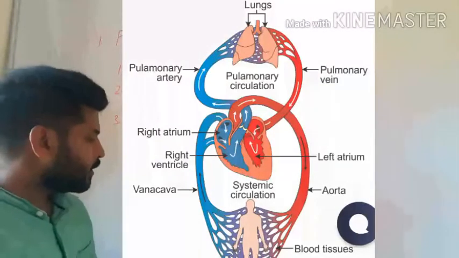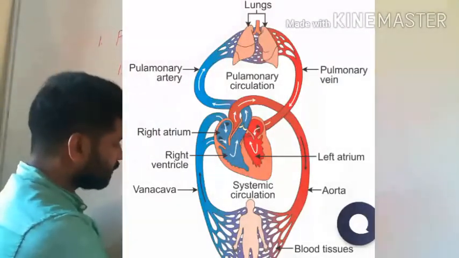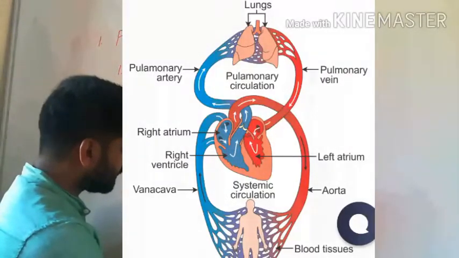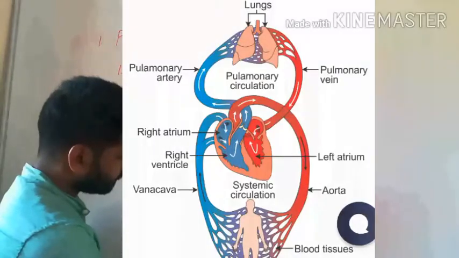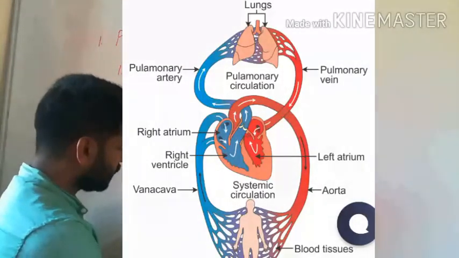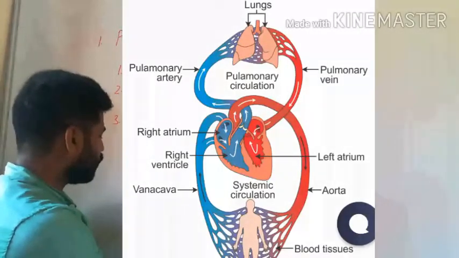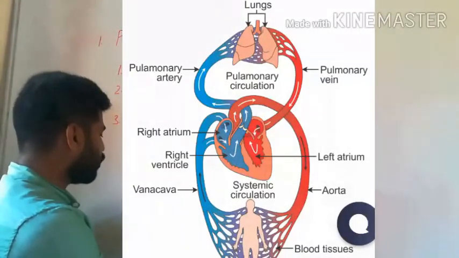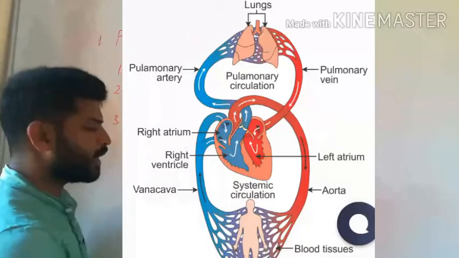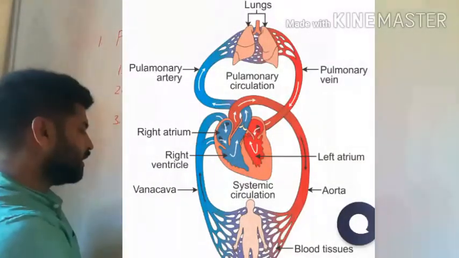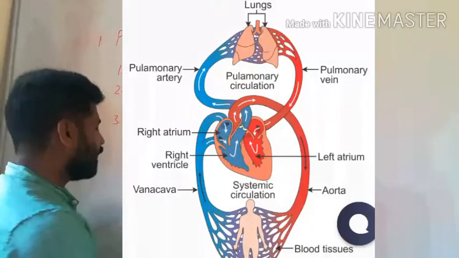So the blood vessels will be present as capillaries. These capillaries will then form what are called veins, because veins are the blood vessels that carry deoxygenated blood from the cell to the heart.